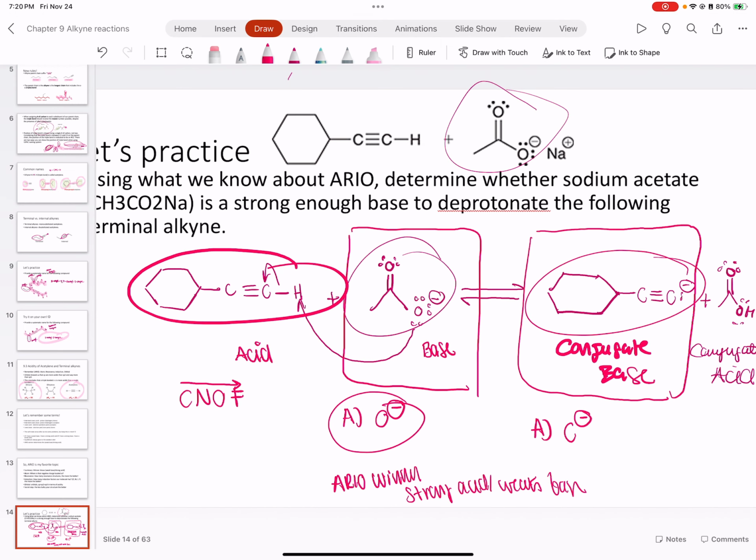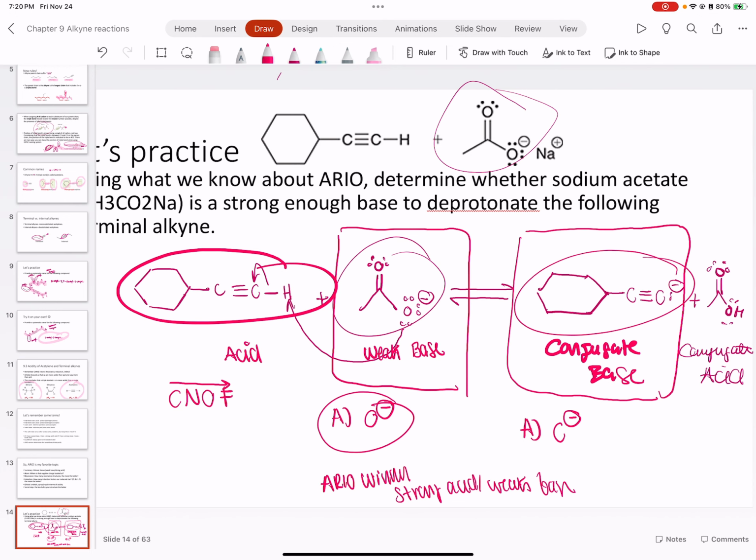So my winner is a weak base, and on the other side it's a strong acid. My loser is a weak acid, and therefore a strong base.